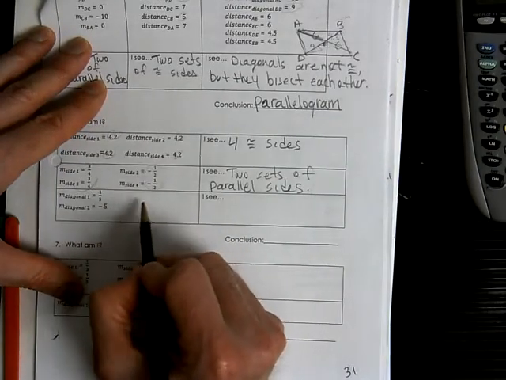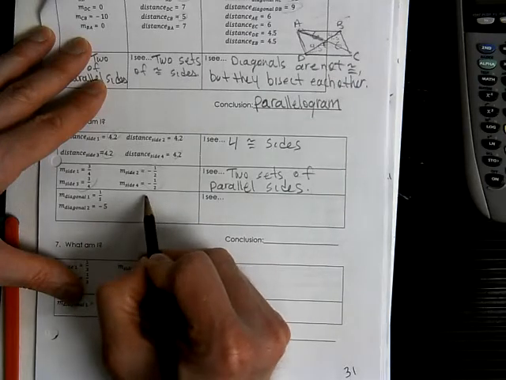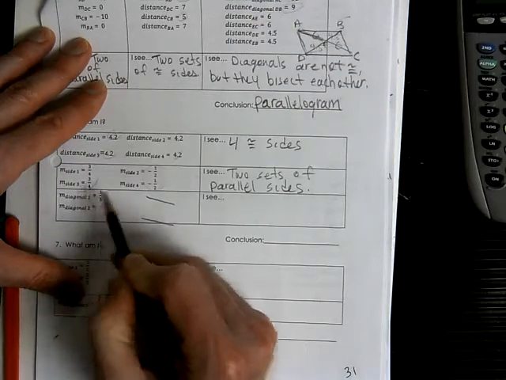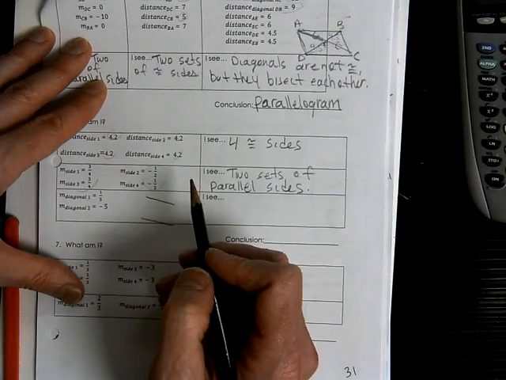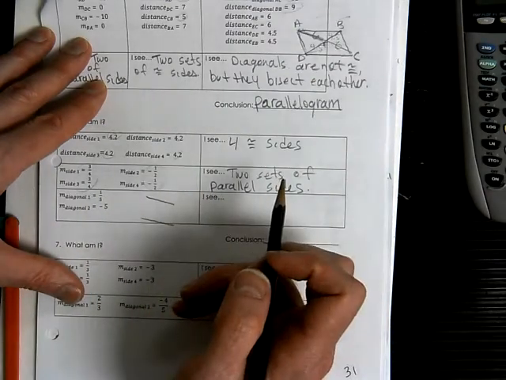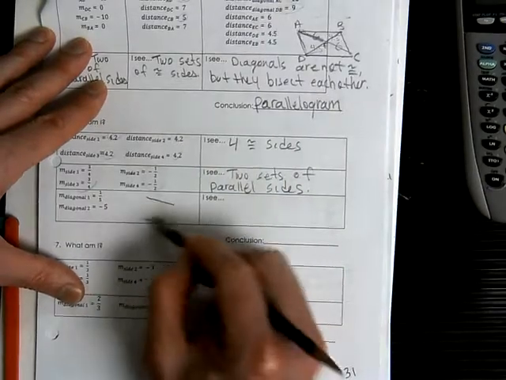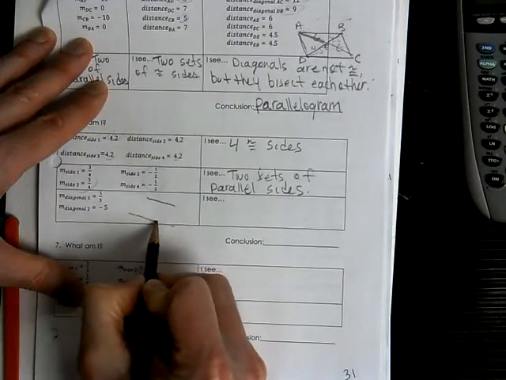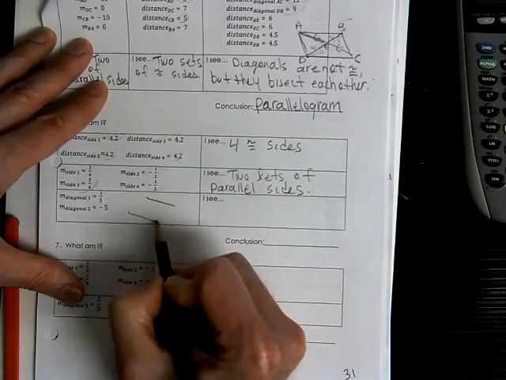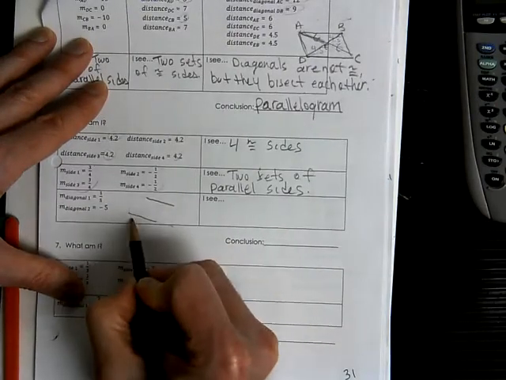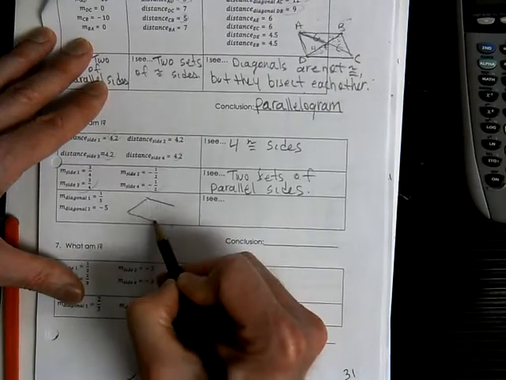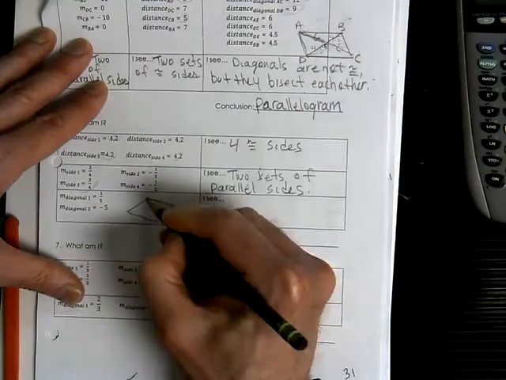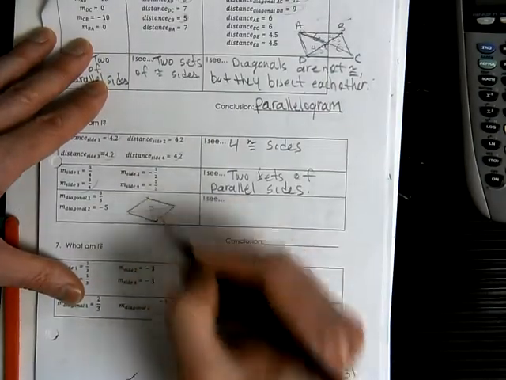So I have 2 slopes that are down 1 and over 2. I have 2 slopes that are supposed to be, all right, that's kind of hard to draw, up 3 and over 4, down 1 and over 2, something like that. And our diagonals are perpendicular to each other.